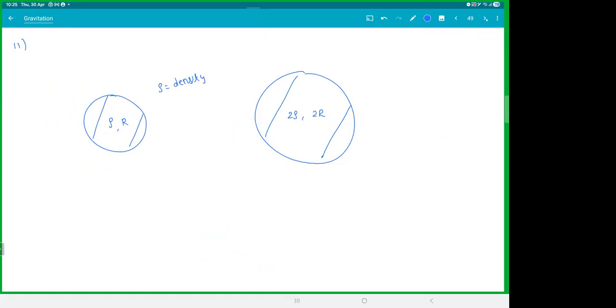Find the ratio of escape velocity and find the ratio of g on the surface.